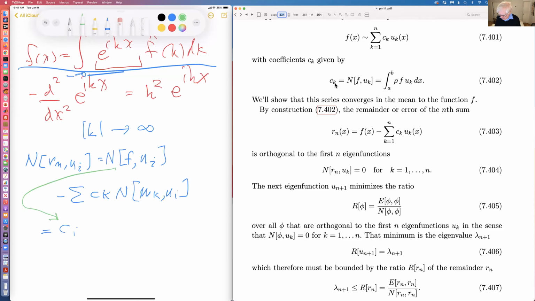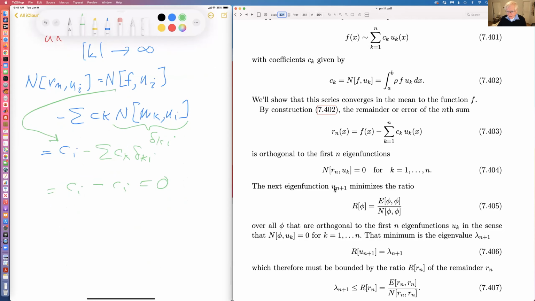On the other hand, these are orthogonal, so this is delta_ki, and so we have c_i minus the sum of c_k delta_ki, and so that is just c_i minus c_i, which of course is 0. So that tells us that the remainder, or the error, is orthogonal to the first n eigenfunctions.